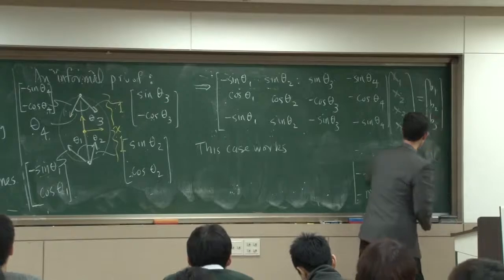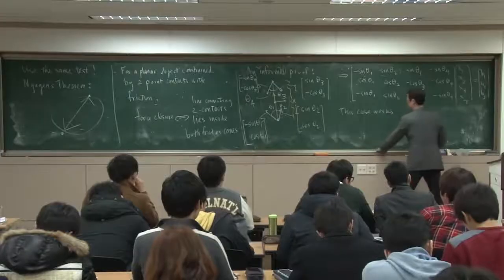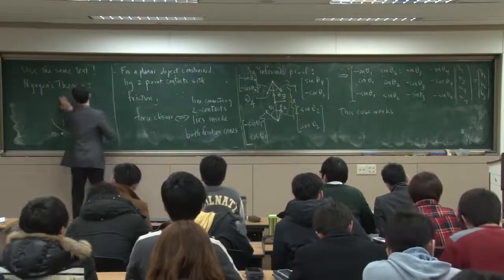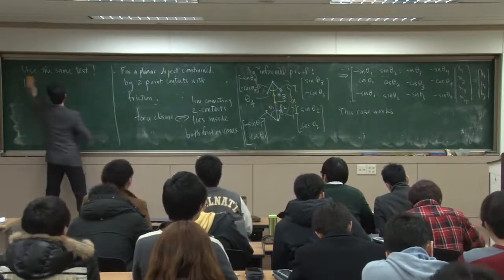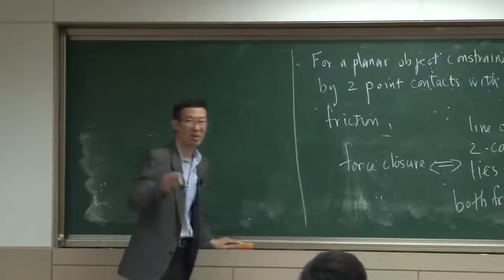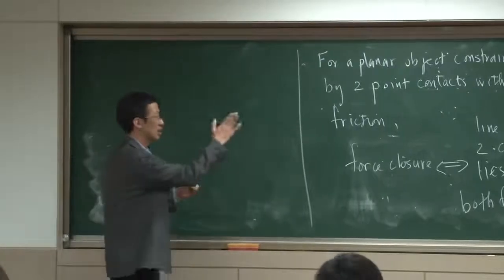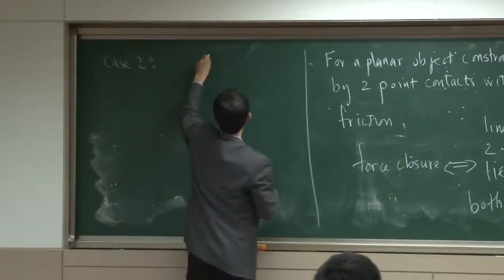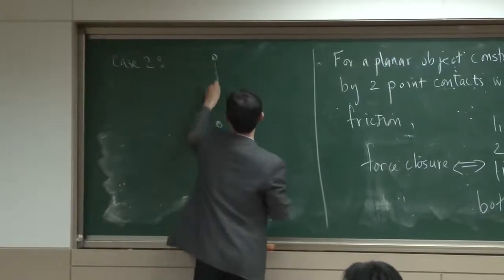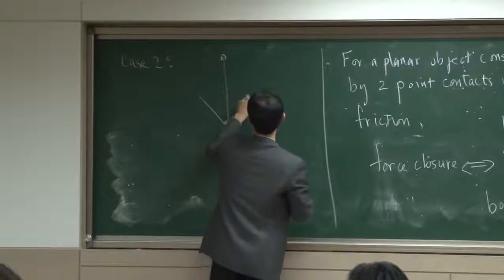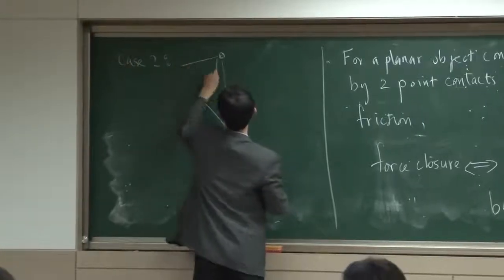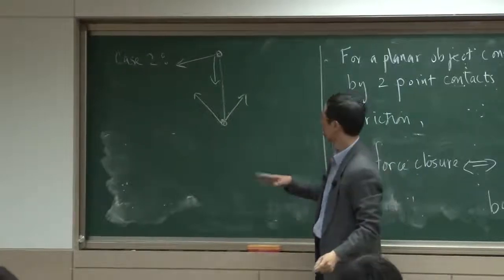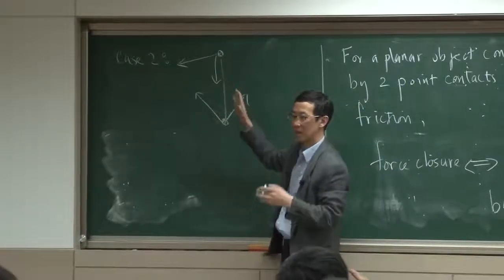Let's clean this up a little bit. How many other cases are there? That's case 1. Case 2, let's draw the contacts now. We could have something like that, inside one cone but not the other, so you have to check that.